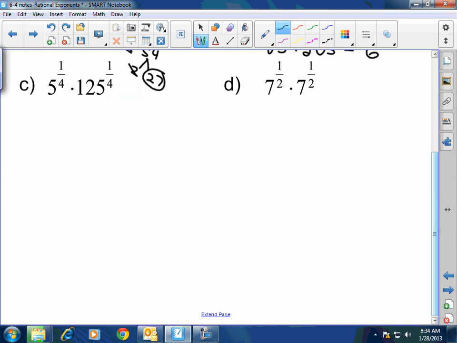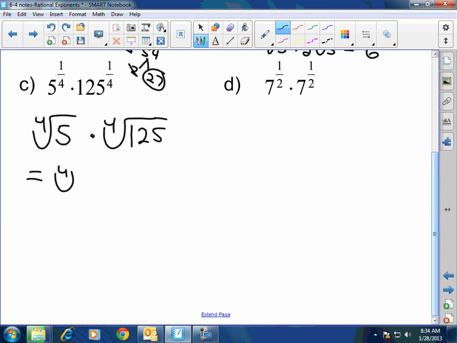Okay. Got here 5 to the 1/4 and 125 to the 1/4. Okay. Let's see what I would do here. This is the 4th root of 5 times the 4th root of 125. In this case, let's multiply them together, guys. But watch what I do.